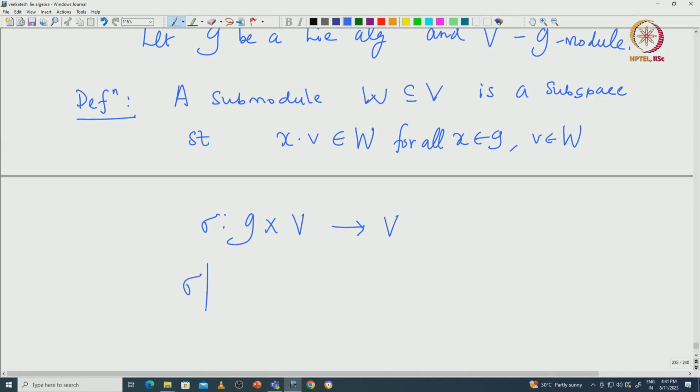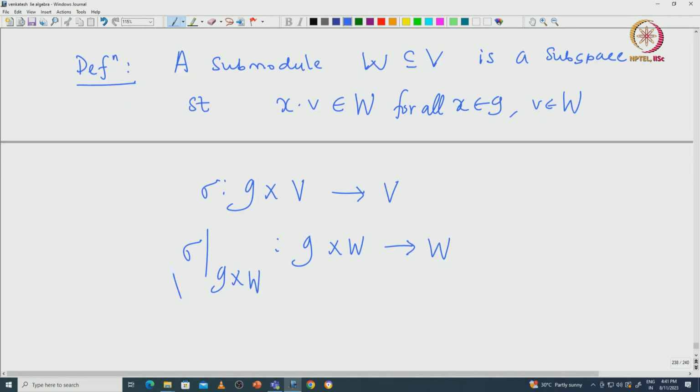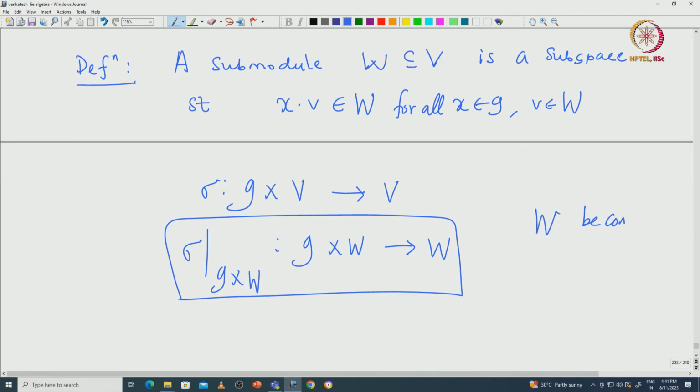We can restrict this sigma to G cross W, which is a map from G cross W to W. So, this is actually going to give you again a module structure on W. So, W becomes a G module with respect to this sigma restricted to G cross W. So, same action restricted to W is going to give you a module structure on W. So, that is what submodule means.